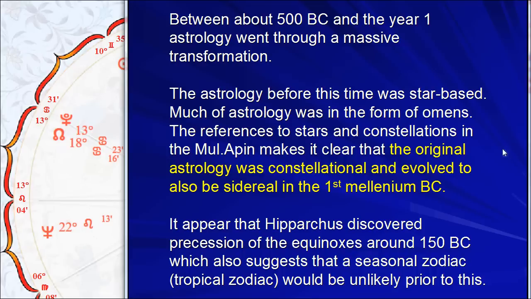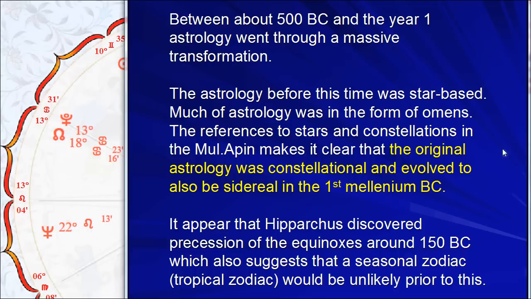Okay, point number one in answering this question, it depends on how far back in time you want to go. Between roughly the year 500 BC and the year 1, astrology went through a massive transformation. Before the year 500, astrology was mostly omens.